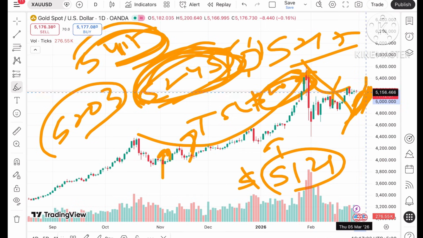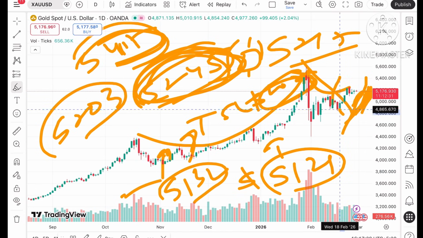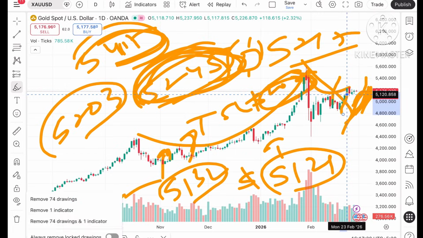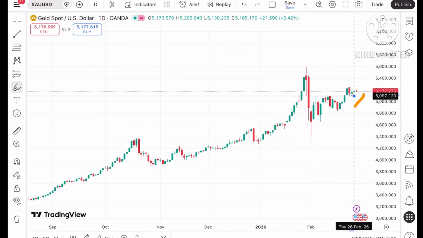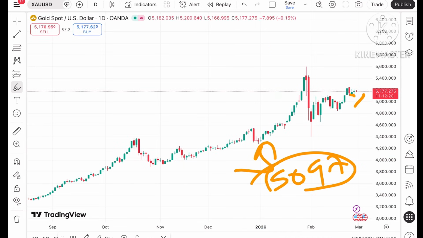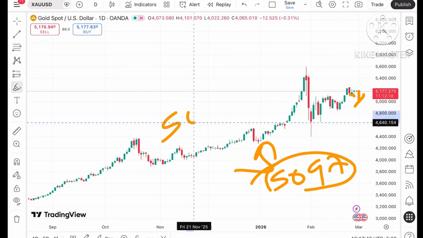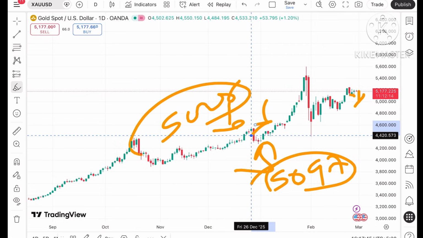But if it keeps coming down, it can come down towards a level of 5132, which is a weak level, so it can move and touch a level of 5121. Remember, 5121 is an important level. From there a bounce back can be seen, but if it doesn't bounce back, we can see a level of 5097. It can bounce back. If the price doesn't bounce back, it can come down towards $5008, and if the price falls below this level, a further downfall can be seen.